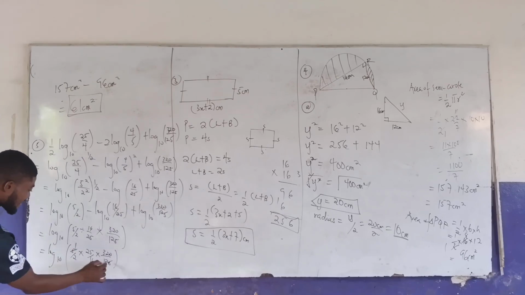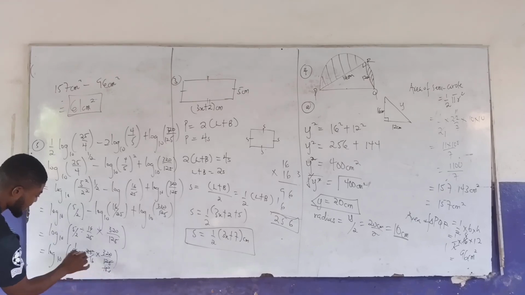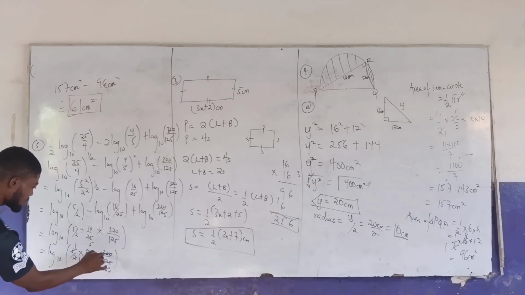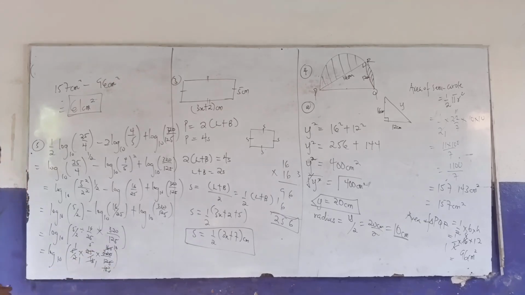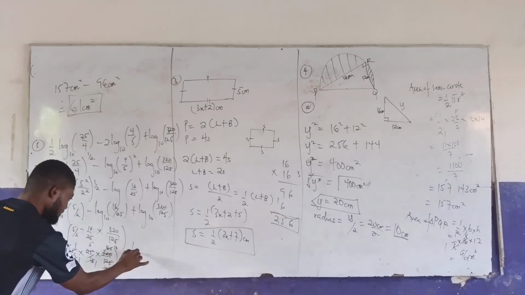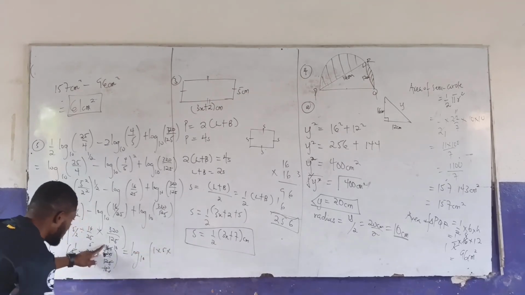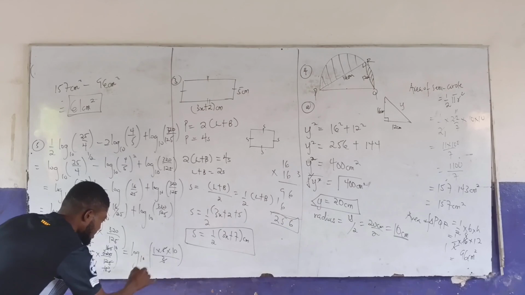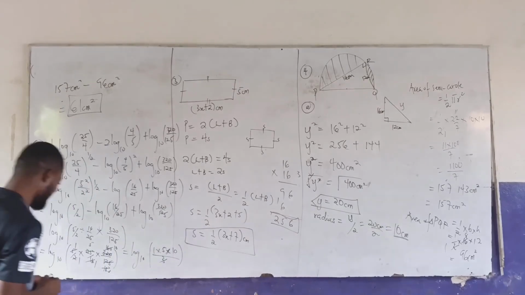So 5 here, 1, 5 here, 15. 5 here, 3, 5 here, 5. 2 here, 1, 2 here, 160. 16 here, 1, 16 here, 10. So I'm left with log base 10 of 1 times 5 times 10 on 3. Sorry, so 5 times this.